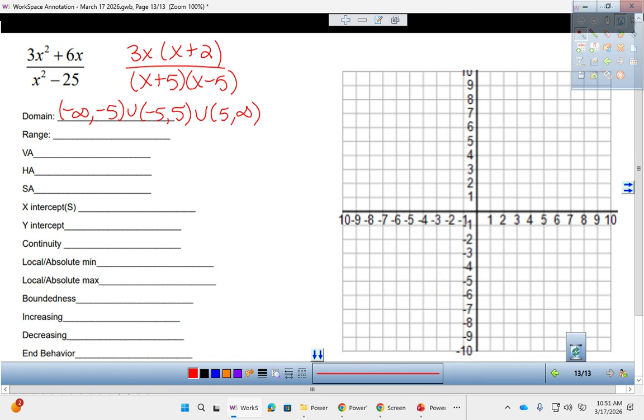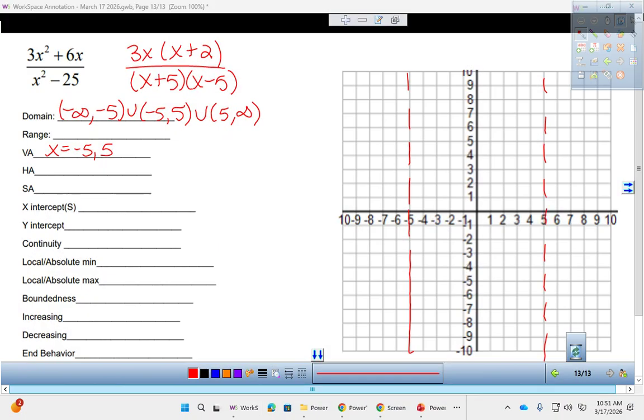There are no holes here, nothing cancels out. So then my vertical asymptotes must be the negative 5 and positive 5. So this graph is broken up into 3 intervals rather than 2.